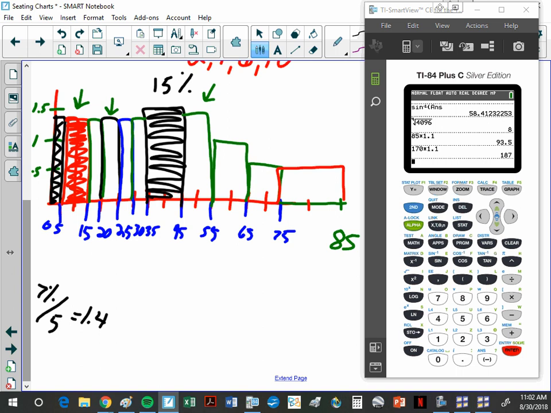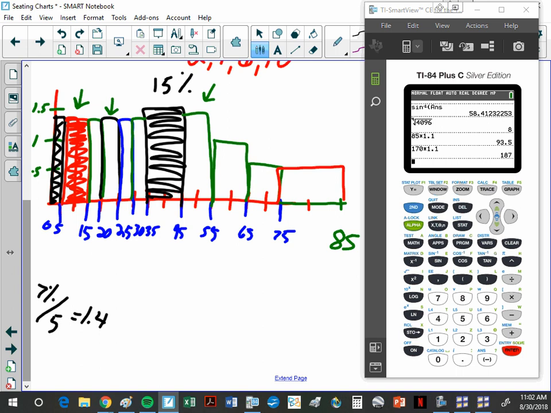So, A, are there more children age 1 or elders age 71? Whoa, 71. I'm really old. Are there more 1-year-olds or 71-year-olds? Can we tell? We can't really tell, right?